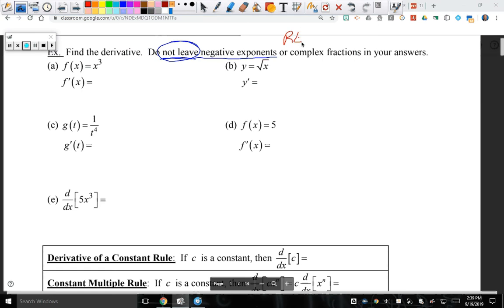In my opinion, to make things easy for you to see, it's all about the rewrite. How you see something will determine how easy it is to work through it and derive. So for instance, some people look at this and they see the square root of x, obviously, but then some people look at the rewrite of this and one might be easier than the other for them, depending on their level of experience.